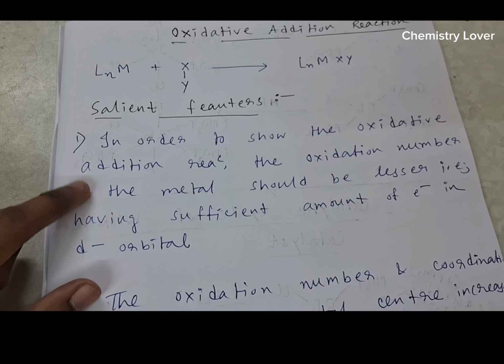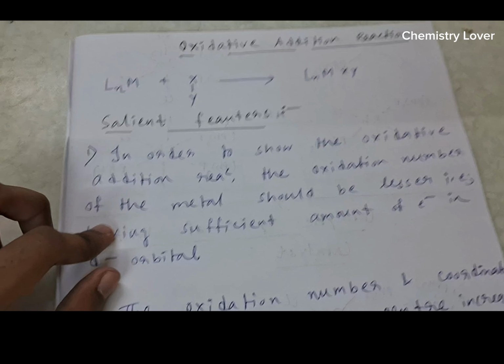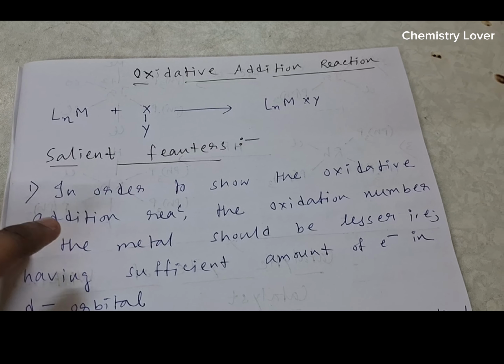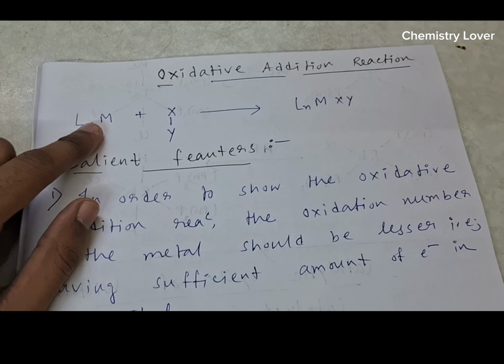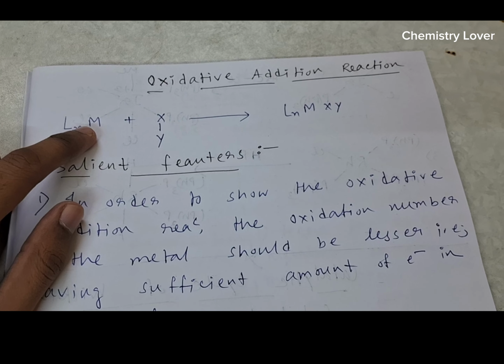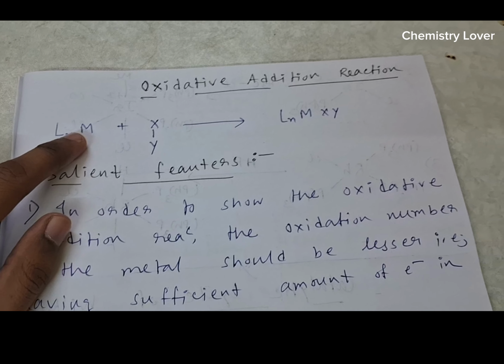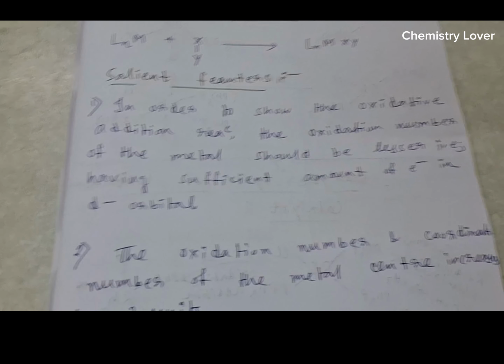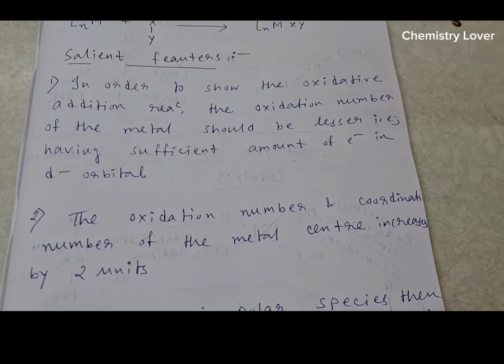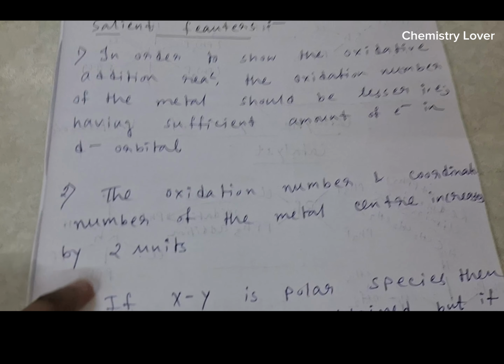So thus I have written here, in order to show this type of reaction the oxidation number of metal should be lower, because since the metal center gets oxidized, the oxidation number of metal increases by 2 units, right?